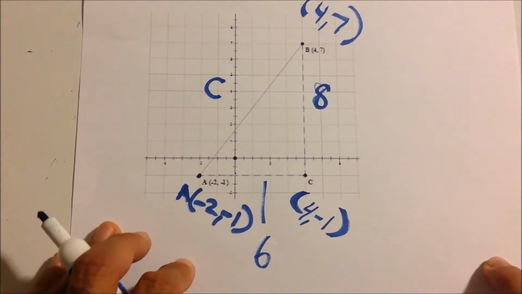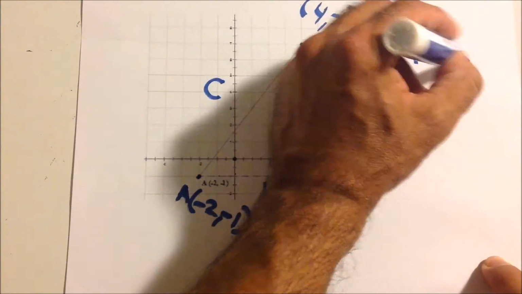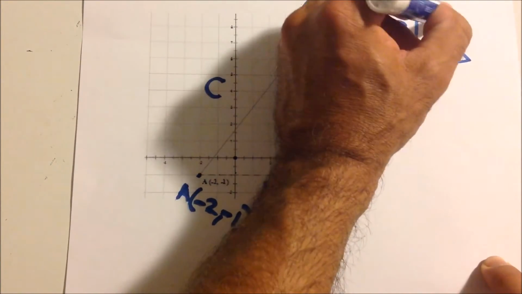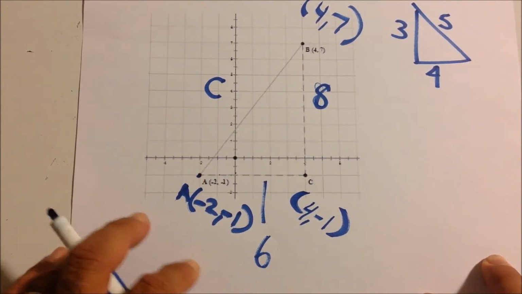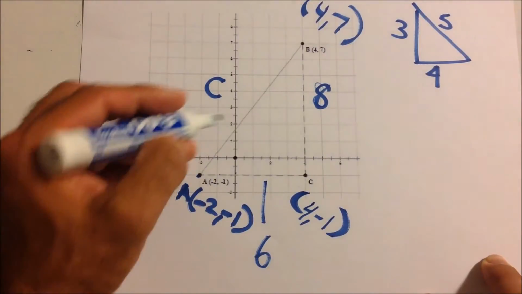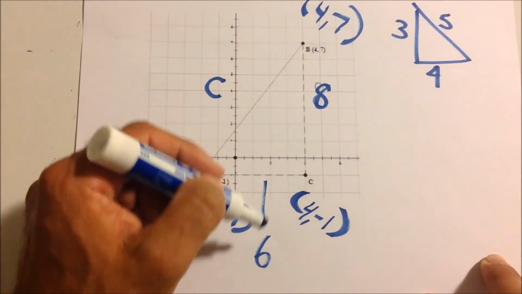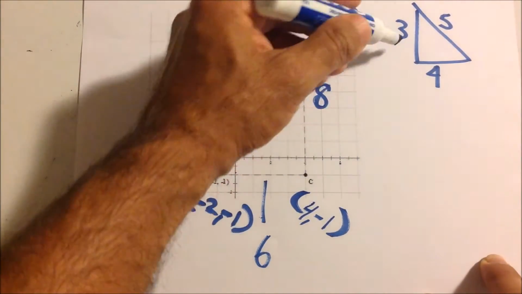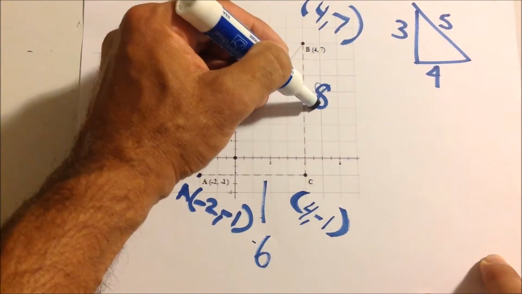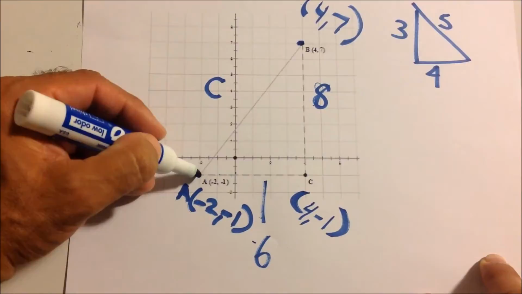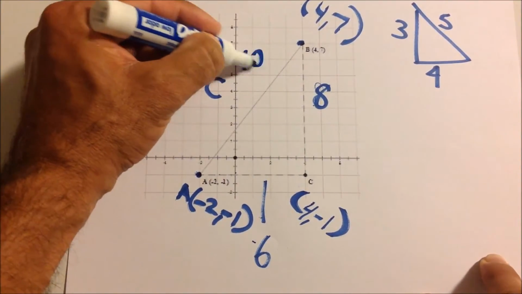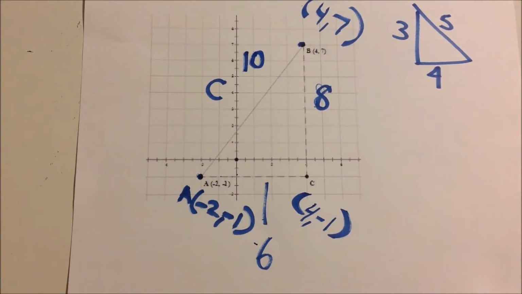Do you remember what the base was? The base is the 3, 4, 5. We know that 3 times 2 is 6, and 4 times 2 is 8, so 5 times 2 would be 10. So the distance from this point to this point would be 10, using the Pythagorean triple.